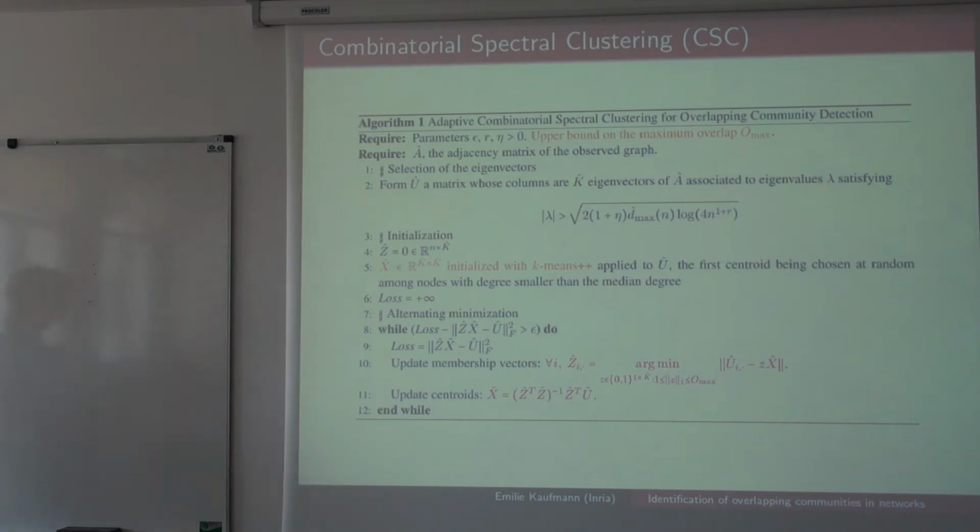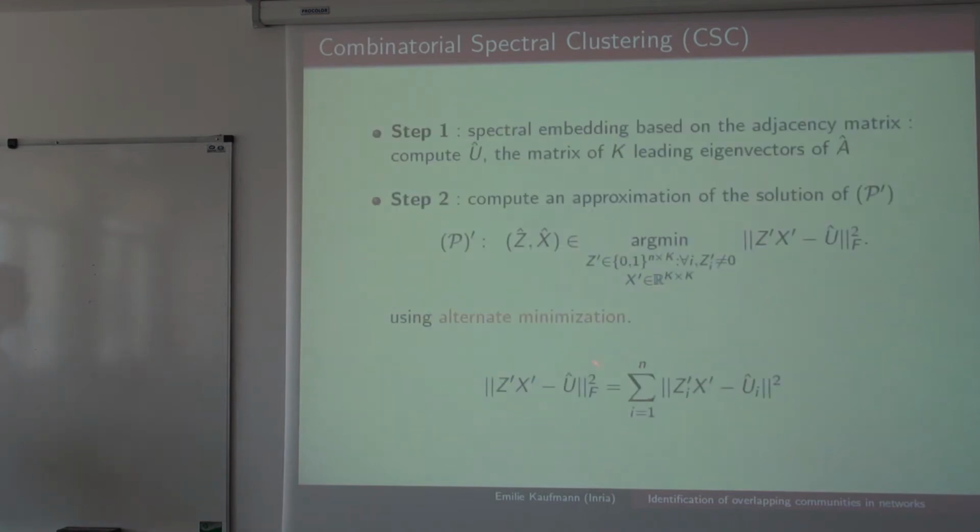So this is summarized in the following implementation of the algorithm. We see here that it also depends on some upper bound on the maximum overlap that we may have. And if we don't have it, we just set it to K. So it may happen that we know that we want to find communities that only overlap 2 by 2, or that a node can belong to a maximal number of communities, and this could speed up things in practice. Also, the algorithm will be quite sensitive to initialization.